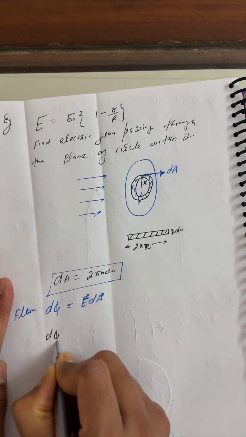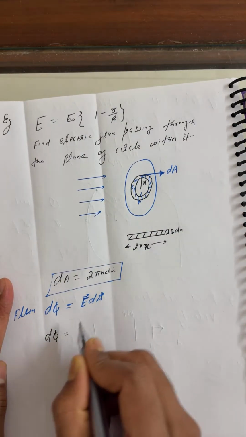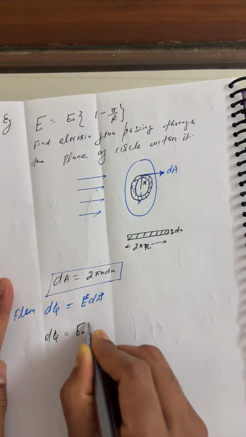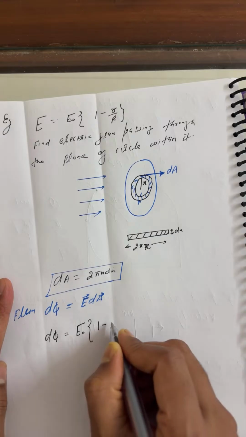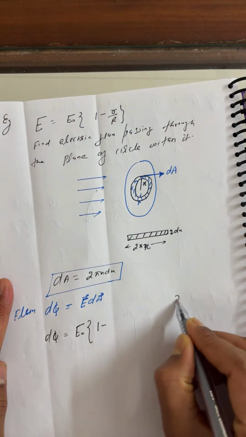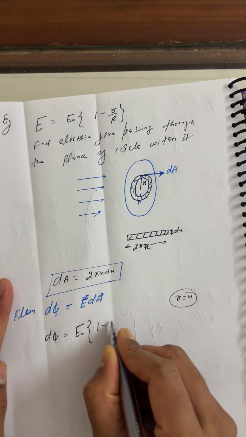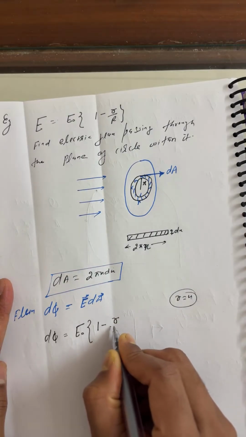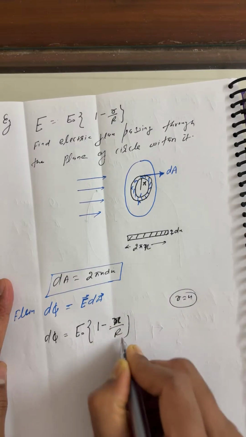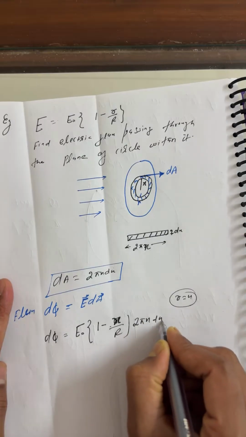The electric field is mentioned in this question as well, so you can use this expression of electric field: E naught into 1 minus, here you can treat r as x, so 1 minus x upon r, into dA which we already found, 2 pi x into dx.